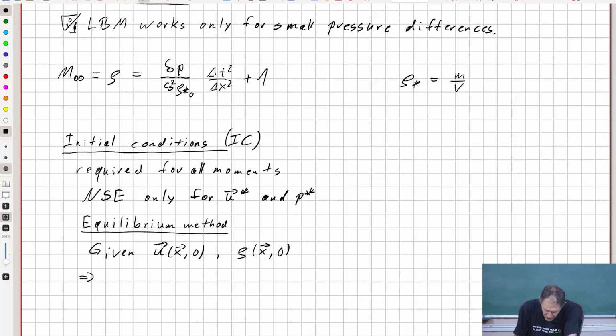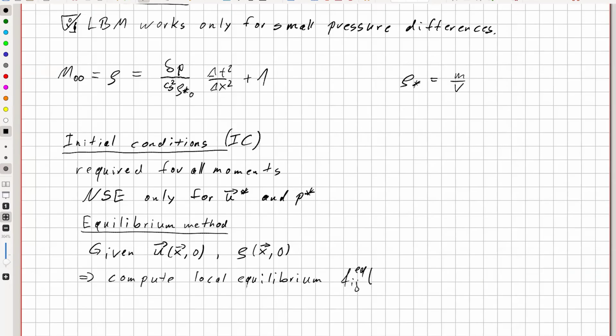Then we can compute the local equilibrium f_i^eq for this given velocity and the given density or mass, and we can do this from the Maxwell moments, or actually from any of the ways to compute the equilibrium function that we have seen this morning.